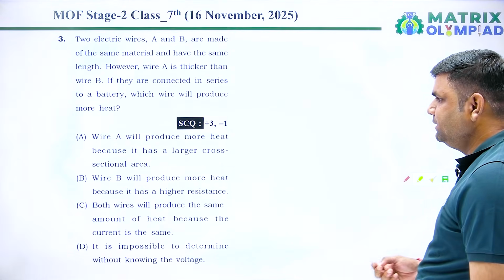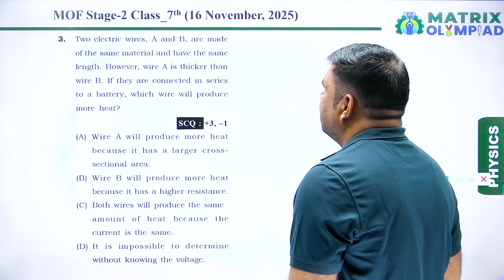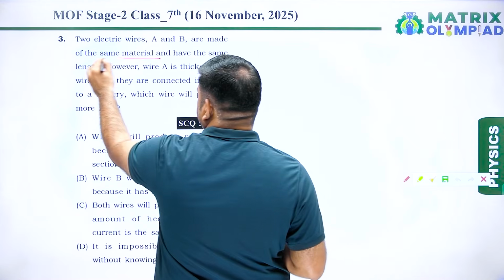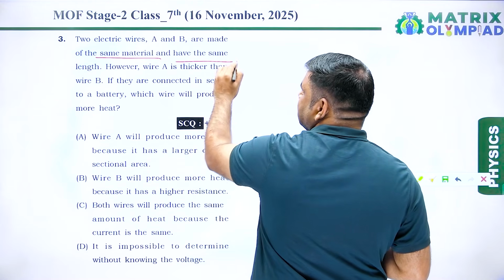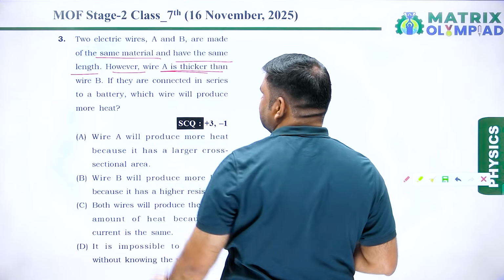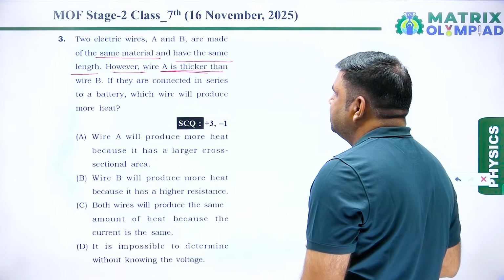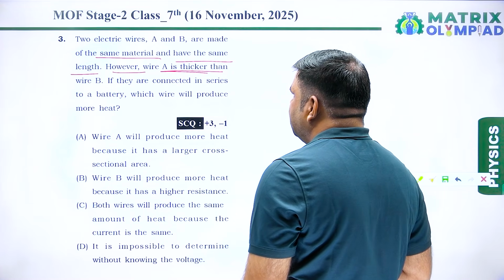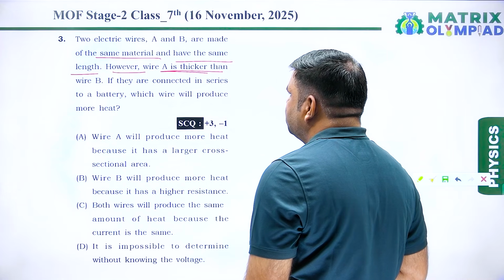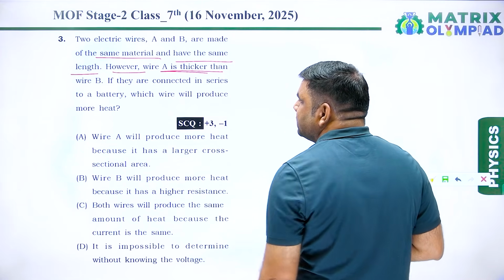In question number 3, two electric wires A and B are made of the same material and have the same length. However, wire A is thicker than B. If they are connected in series to a battery, which wire will produce more heat? So students, these are the options.